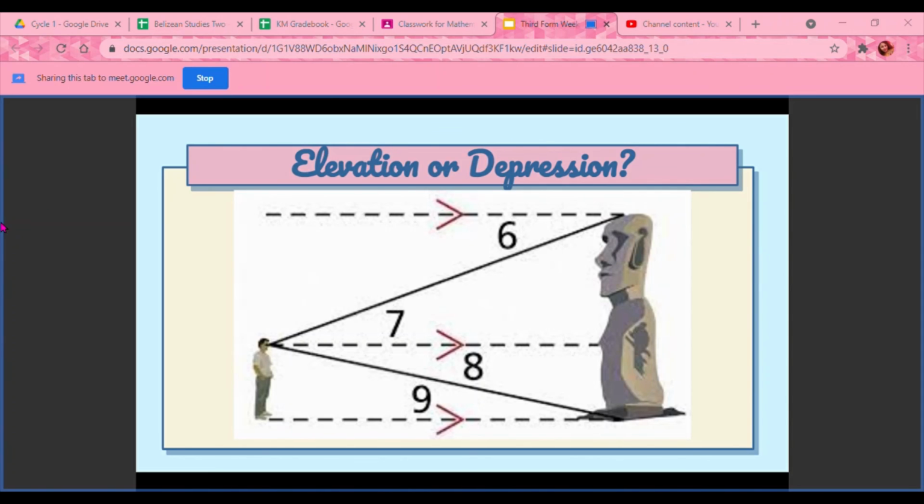Which ones are showing that? Ready? 1, 2, 3. Send your answers.